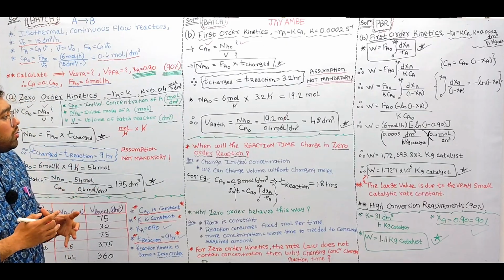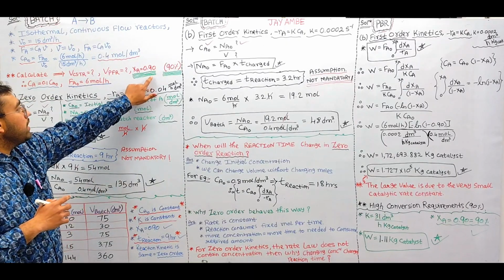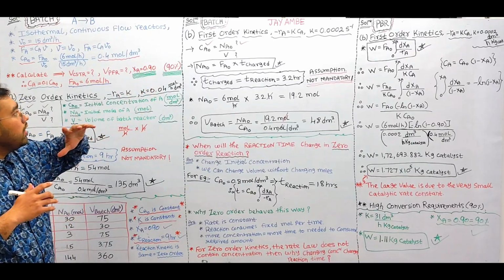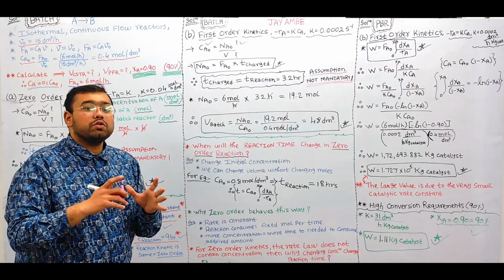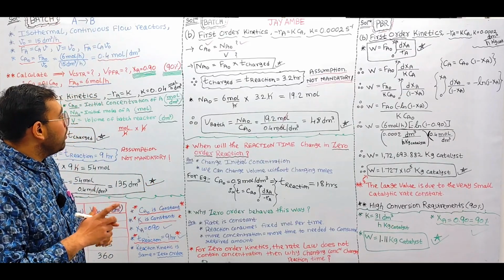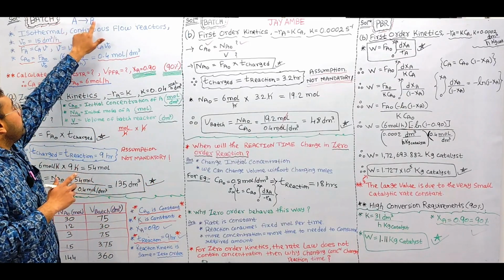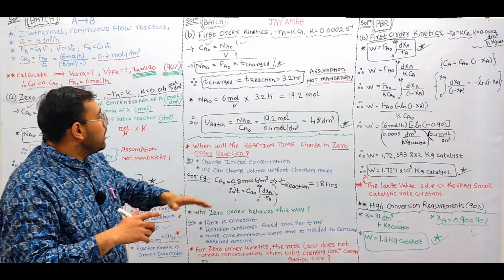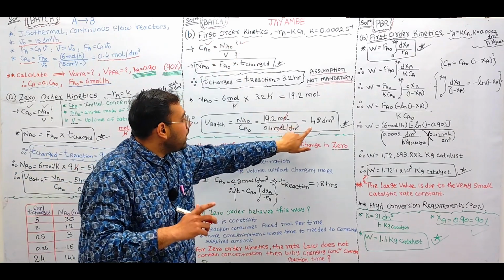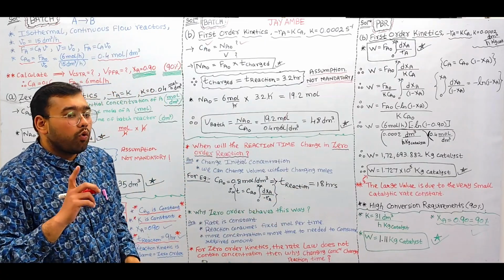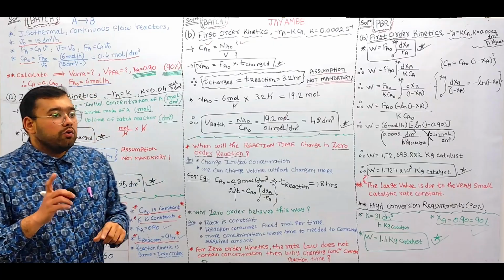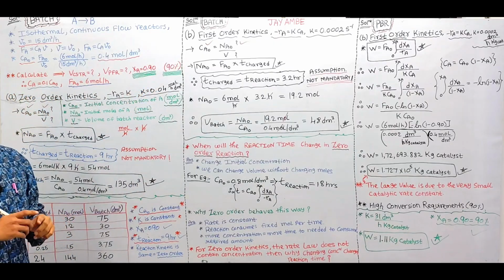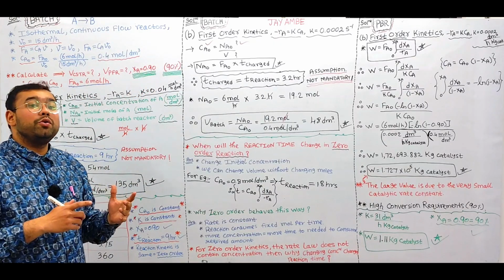means in order to achieve 90% conversion by using the batch reactor, with first order reaction kinetics, where the reactant A is getting transformed to the new product B, we required a 48 liter batch reactor volume and the reaction time is 3.2 hours, in order to achieve 90% conversion of reactant A into the new product.